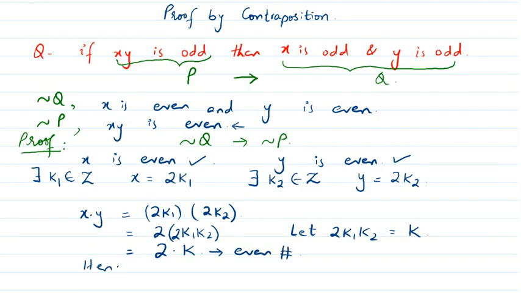Hence, P implies Q is true because not of Q implies not of P is true, right?